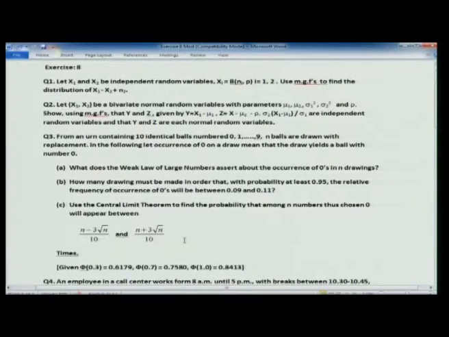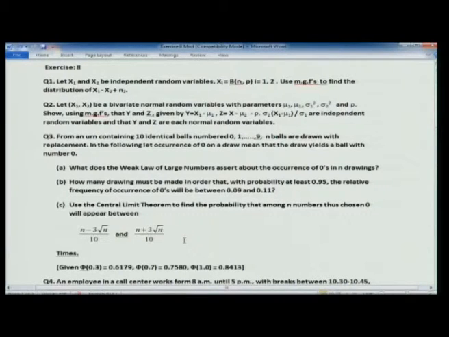So, basically these two problems are on the MGF, the joint density functions of random variables, and I had also introduced the concept of MGF for more than one variable. Now, you can rewrite X1 minus X2 plus n2 as X1 plus n2 minus X2. Since X2 is binomial n2 comma p, n2 minus X2 will become binomial n2 comma 1 minus p. Is that clear?